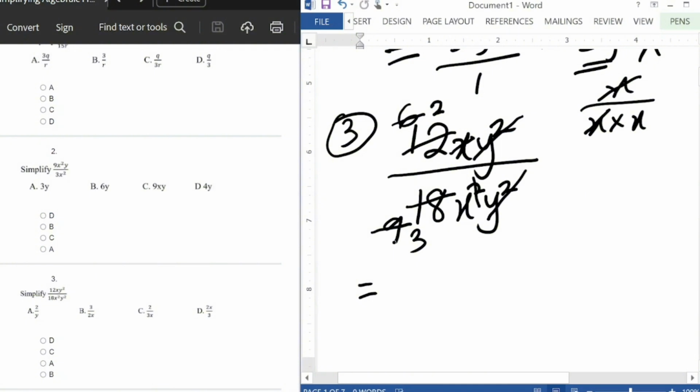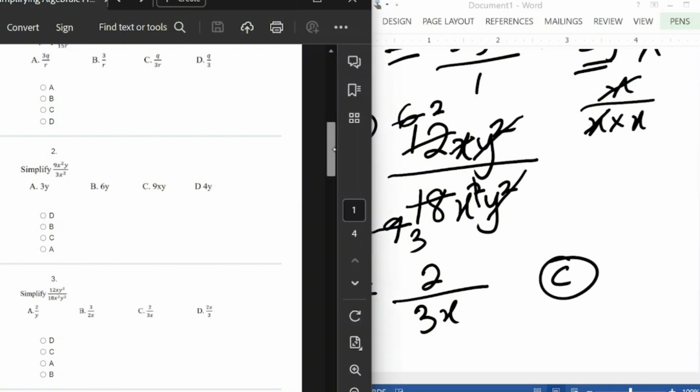So what we're going to have left at the numerator is 2. X has gone, y squared has gone, we have 2 divided by 3 at the bottom, and then x. So we have 2 over 3x. 2 over 3x, that is option C. I hope this is very clear.